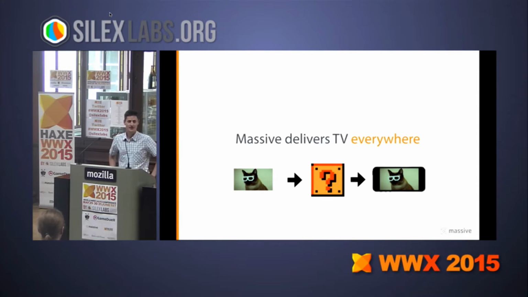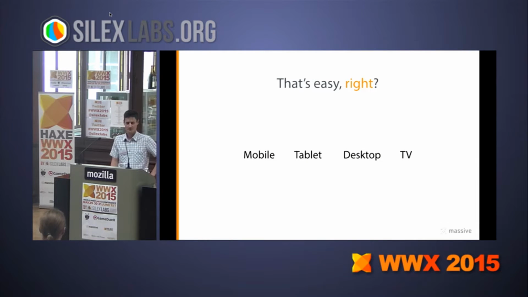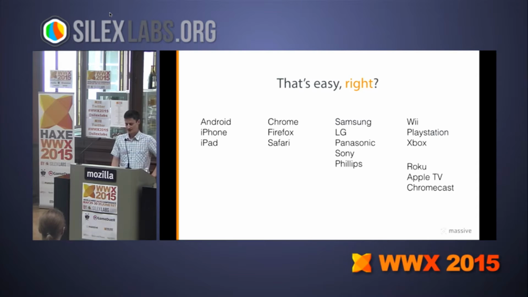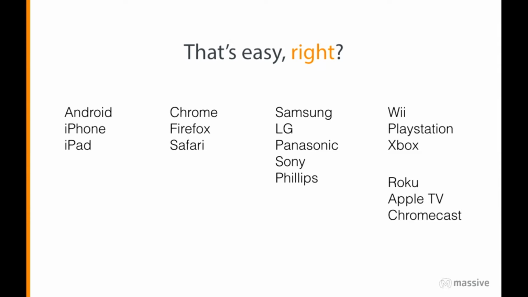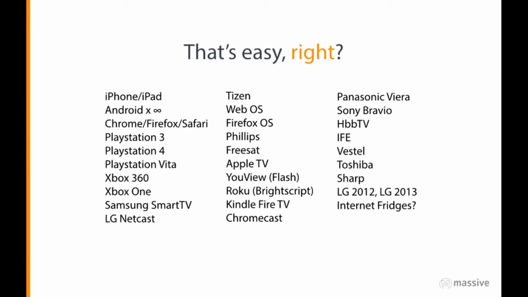So our business is to deliver TV everywhere. That is easy, right? We just have mobiles, tablets, desktop, TVs, consoles. That is Android, iOS, lots of browsers, lots of TVs, lots of consoles. Then PlayStation 3, 4, Xbox 360, Tizen, Samsung.